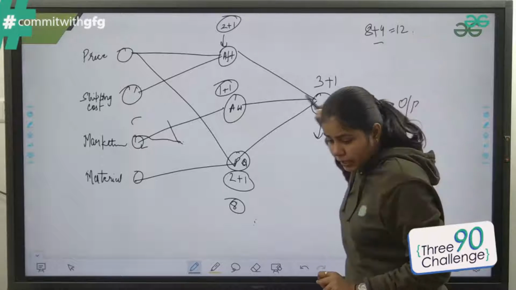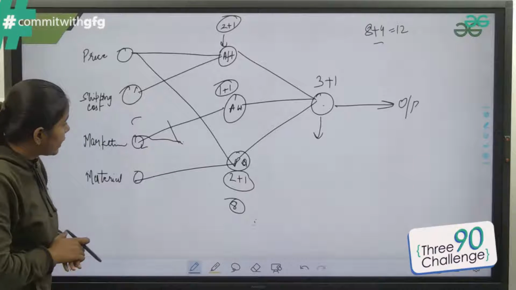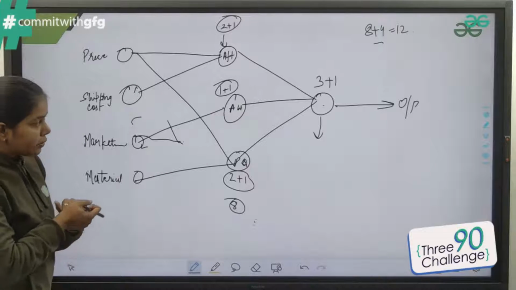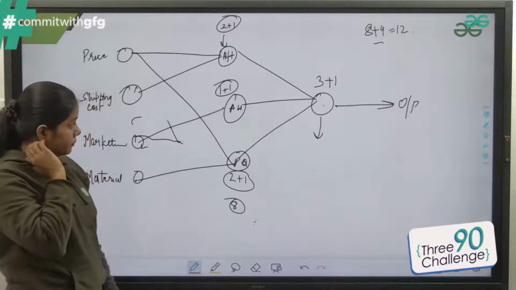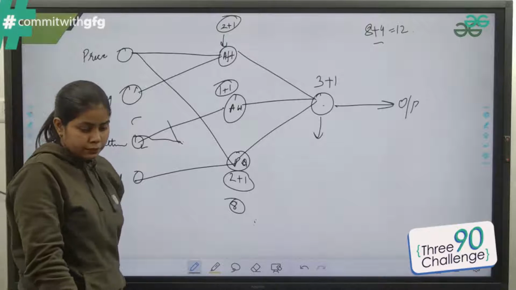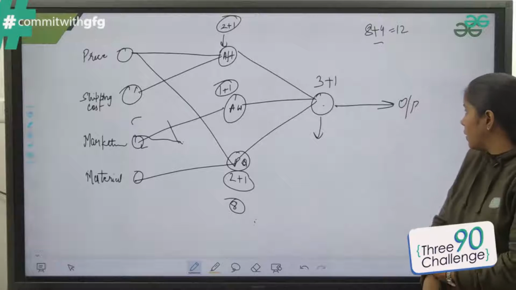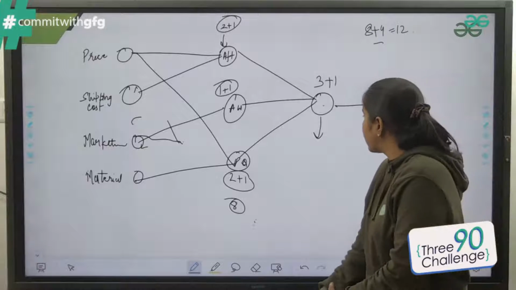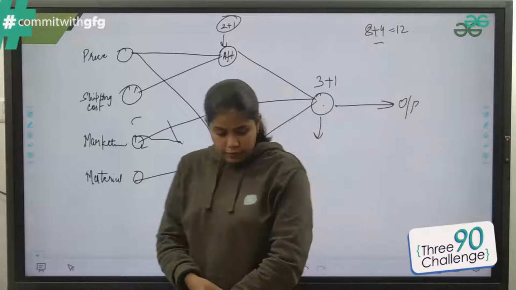Guys, check it once, it would be 12 instead of 9. Let me know if there is any confusion about why you are seeing 8 and 9, because 12 would be the answer. Trainable parameters are 12.